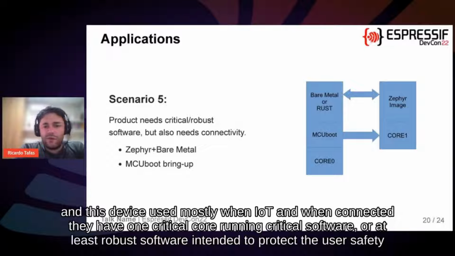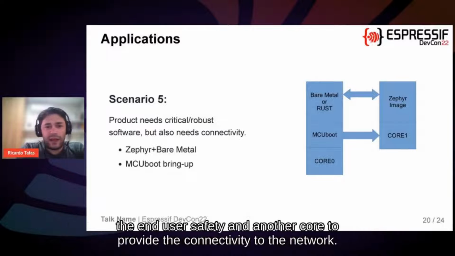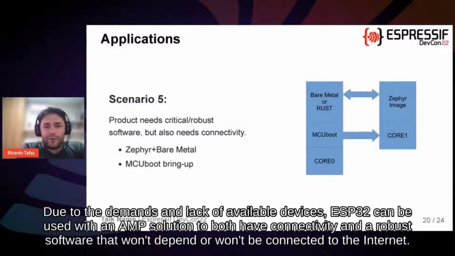And these devices, mostly when IoT and connected, have one critical core running critical software, or at least robust software intended to protect the end user's safety, and another core to provide the connectivity to the network. Due to the demands and lack of available devices, ESP32 can be used with an AMP solution to provide both connectivity and robust software that won't depend on or be connected to the internet.